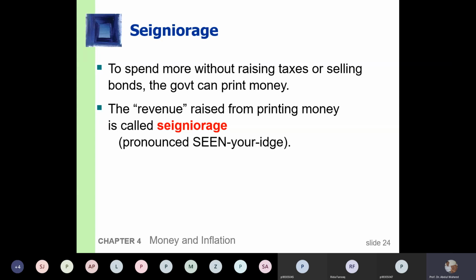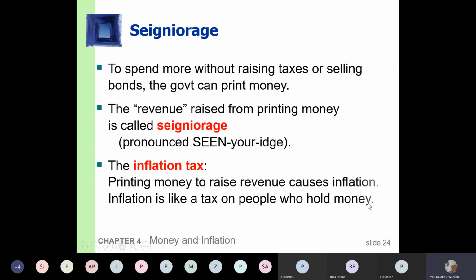So the government prints money, and this money printing could be considered an inflation tax, because the printed money is used to buy goods and services from the economy, and then fewer goods and services will be available for the people when they rush to the market to buy them. This will put pressure on prices to go up, and there will be inflation in the economy.